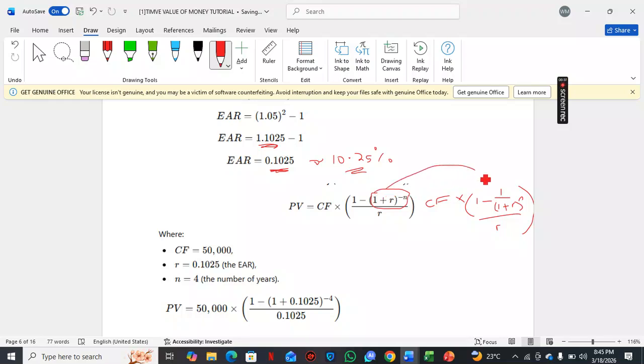What has changed is these two things here. But you still get the same answer if you use any formula.